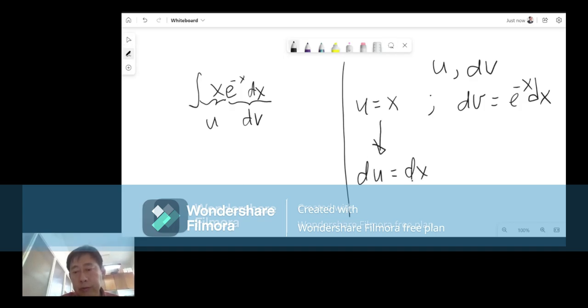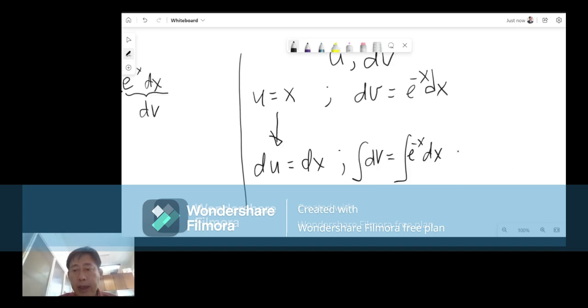Here, du is dx, whereas for dv, you want to perform an indefinite integral of e power minus x dx, and you'll be led to e power minus x with a minus sign. And since we are talking about an indefinite integral, by right you should add a constant here. However, in this special case of this method, you will always take the constant to be simply 0.